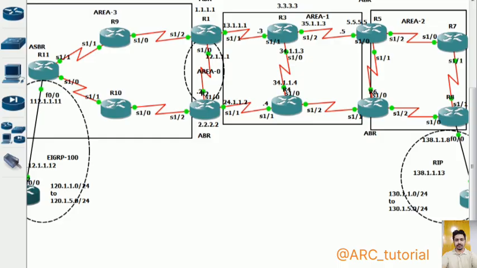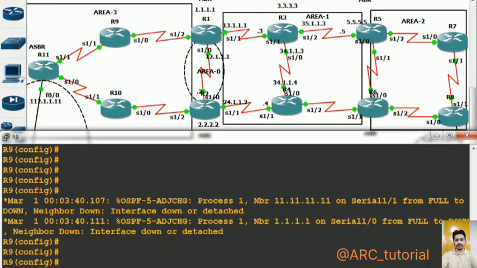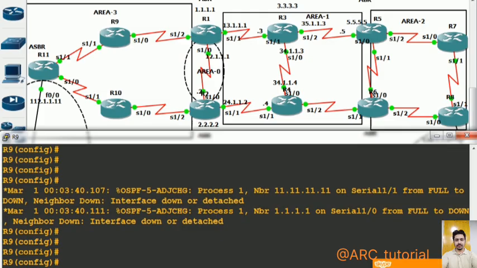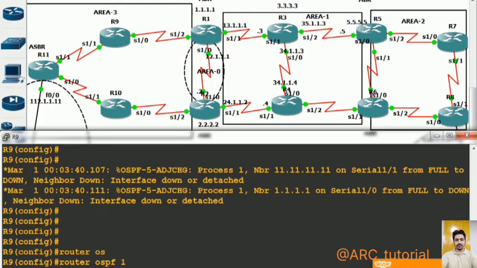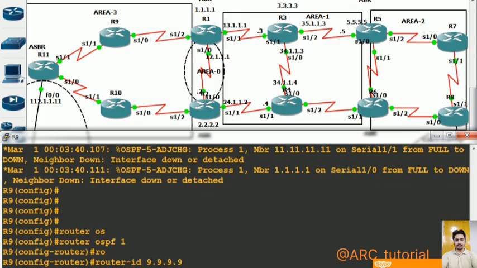Now, after configuring OSPF on R7 and R8, let's move on to R9. And on R9, you will say router OSPF 1, router ID is going to be 9.9.9.9, and all interfaces of this device will be in area 3.